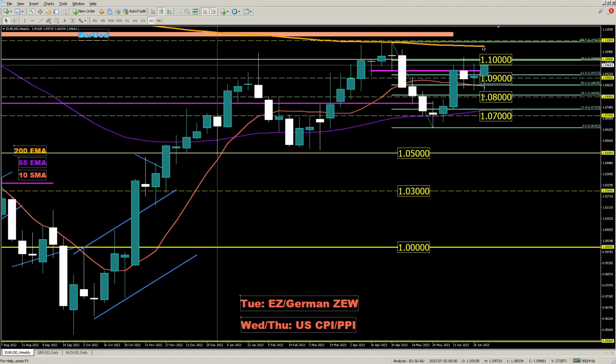If it does, then it may attempt to climb up to 110.69, where the weekly 200 EMA is, but it needs to clear that 110 area.